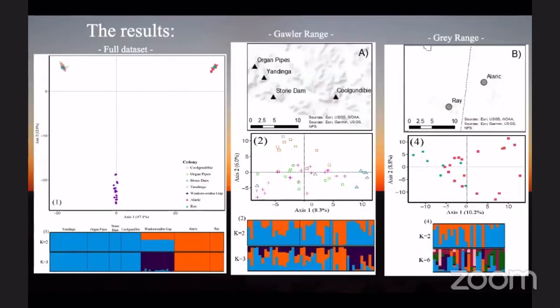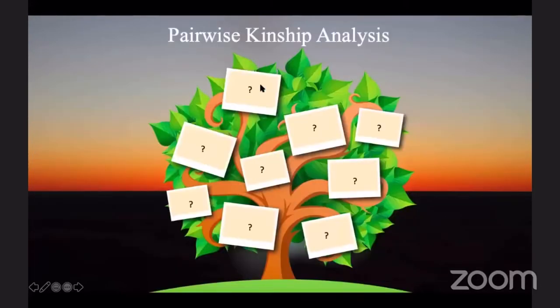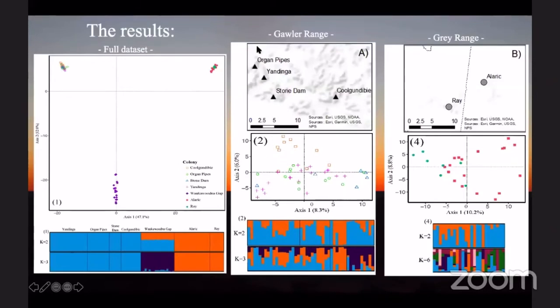And I started by performing a typical population genetics approach to see how the populations were genetically structured. And you can see here that the Gawler Ranges are not the Flinders Ranges, are not the Grey Range, but within the Gawler Ranges, you can see structuring with Coolgundaby up here, Organ Pipes and Yandinga, which are geographically close.